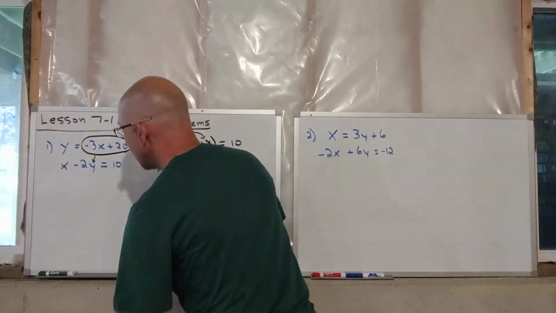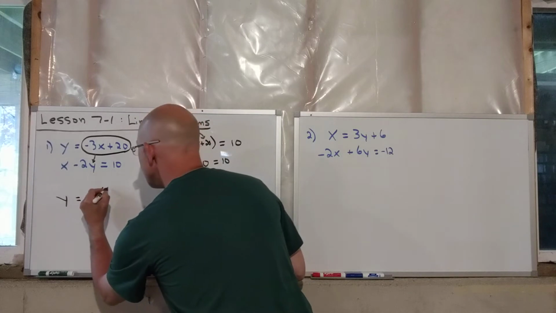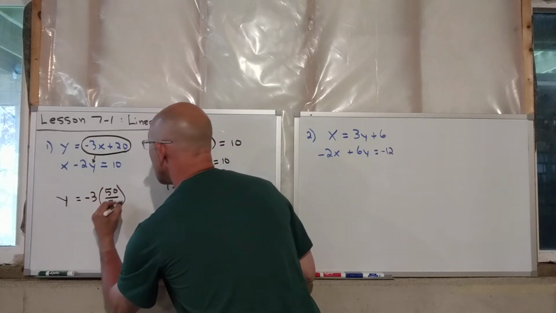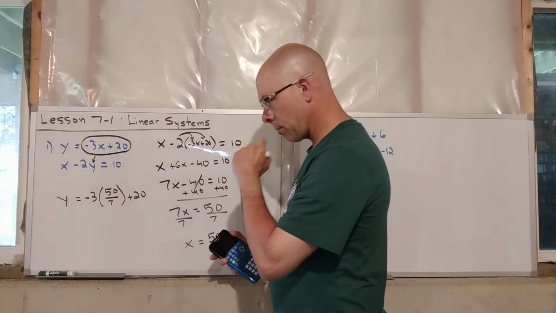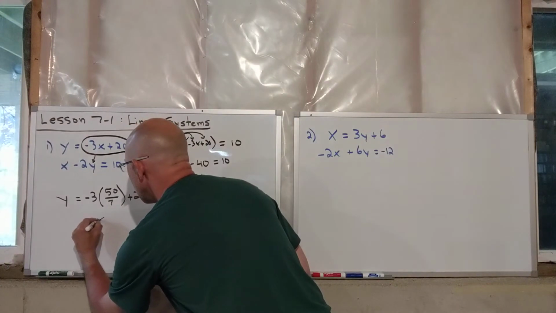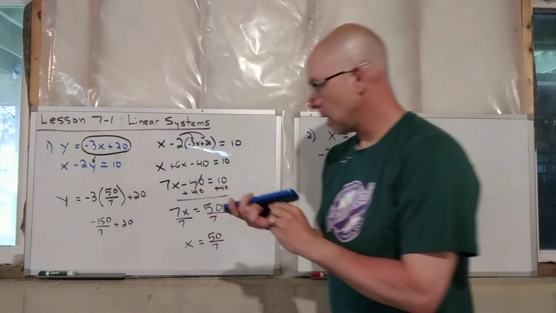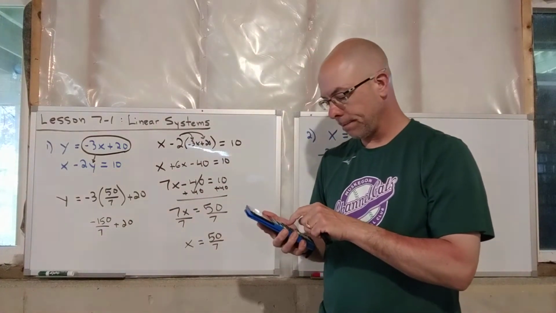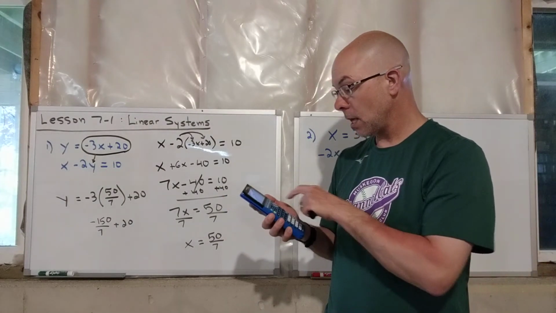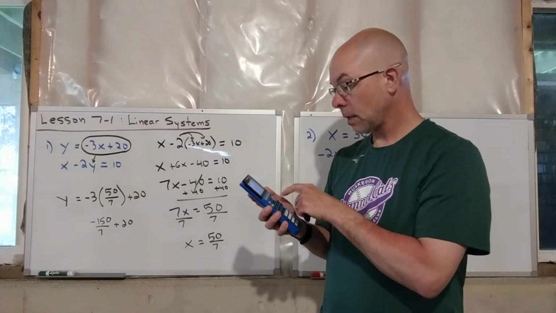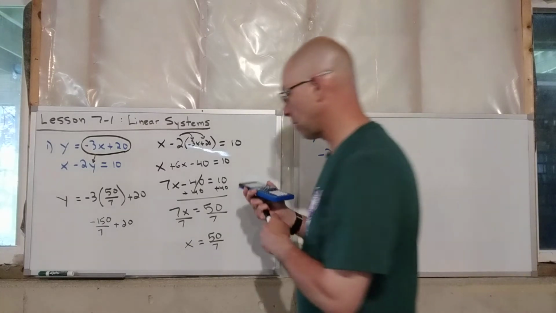So y equals -3 times 50 sevenths plus 20. -3 times 50 sevenths is -150 sevenths plus 20, which I'll do on the calculator. So -150 sevenths plus 20 gives me -10 sevenths.